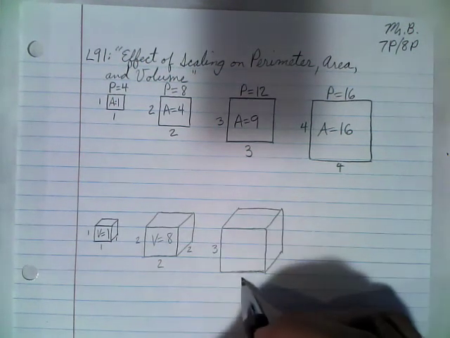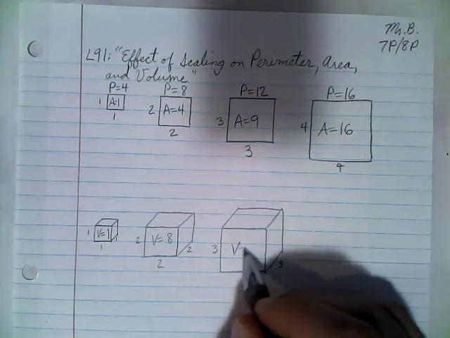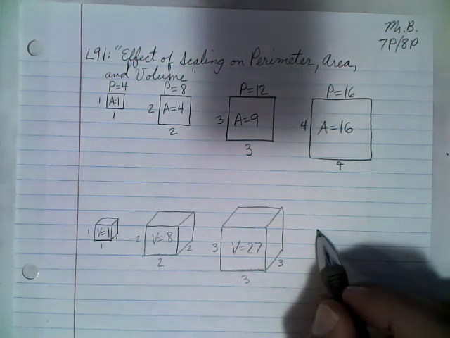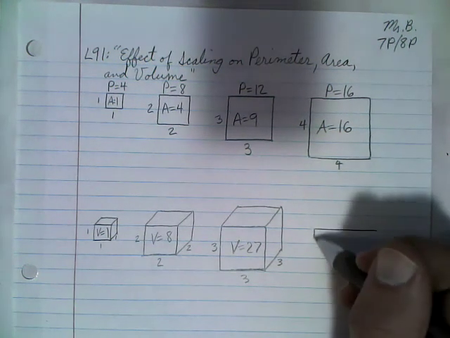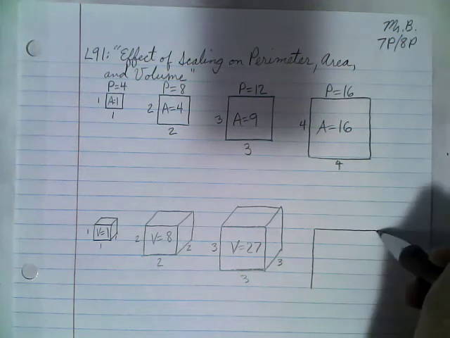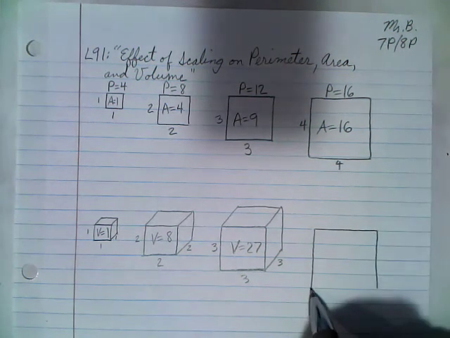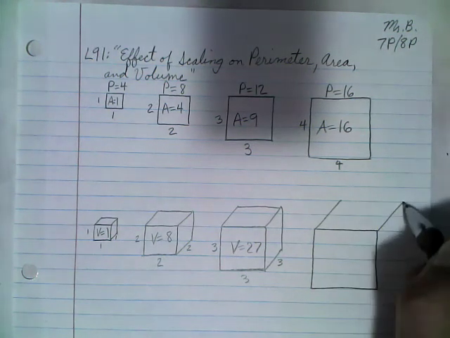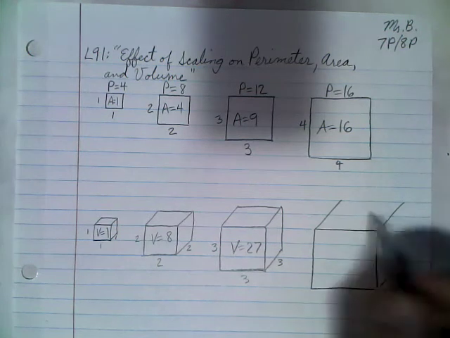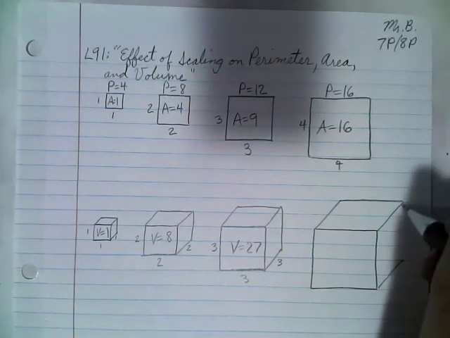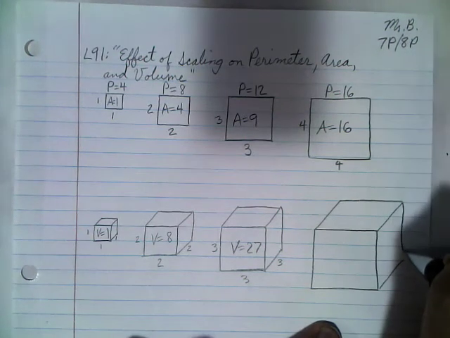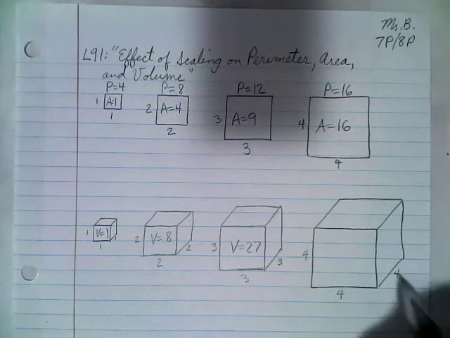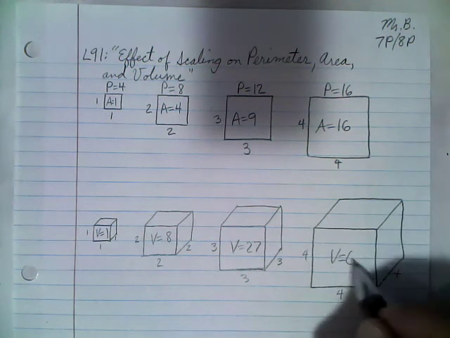And so if this is 3, and that's 3, and that's 3, then the volume here is 27, 3 cubed. And then last of all, make our quadruple big square. This time we'll go up a full 2 spaces in the diagonal. So that's a 4, and that's a 4, and that's a 4. And the volume here is 4 cubed, that's 64.